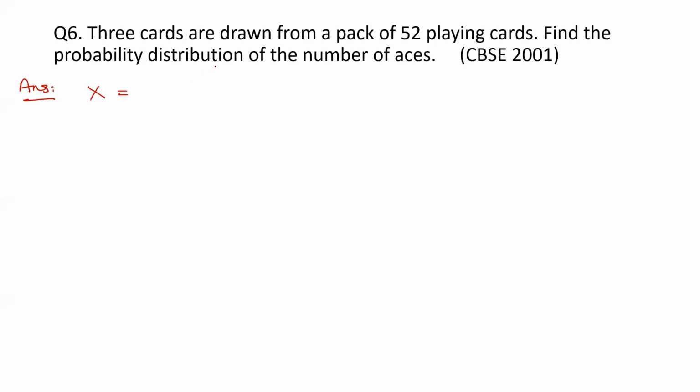You need to find the probability distributions, so you need X first. 3 cards are drawn. Probability distribution of the number of aces. Aman, what will be the value of X? Okay, you have already sent the answer. Good. Abdur and Omer, tell me what will be the value of X?